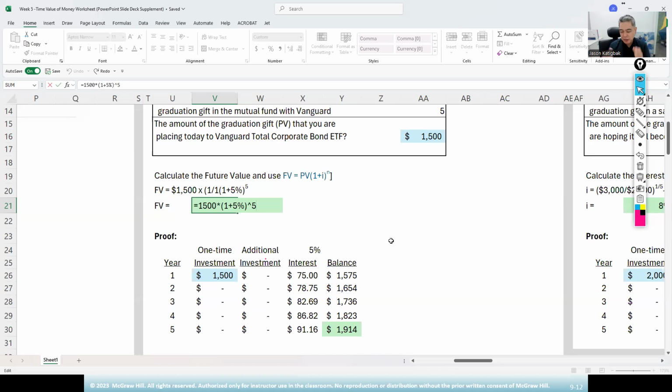You might not have the proper calculation. You compute the inner part first, and then you apply the rules of operation. If you want to calculate that way, that will be 1,500 multiplied by (1 plus 5%) to the caret fifth power.